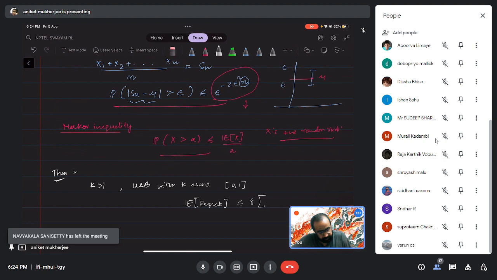8 summation i belongs to the set, q star i less than q star k star, log K by delta i, plus 1 plus pi square by 3, summation j equal to 1 to k delta j.